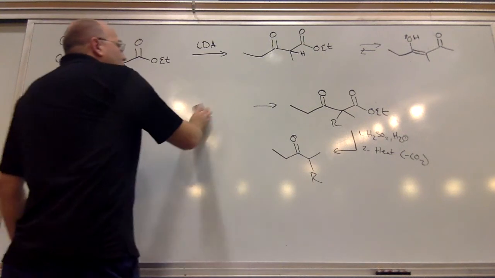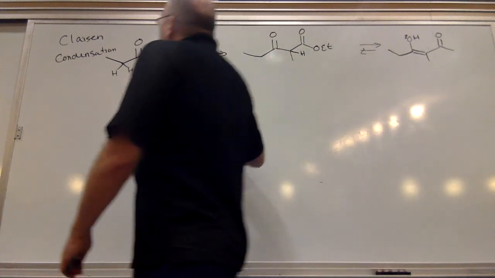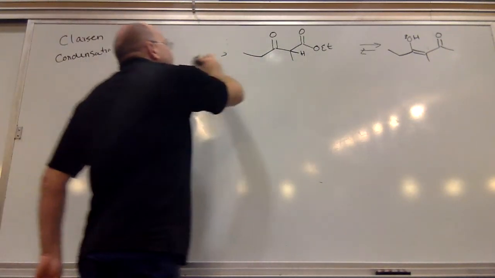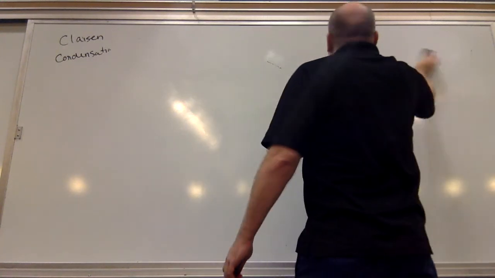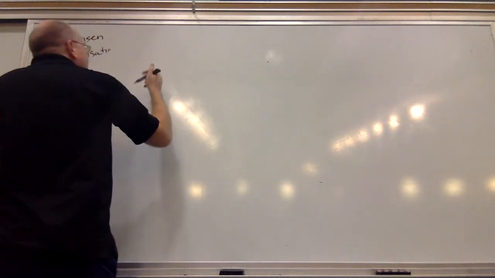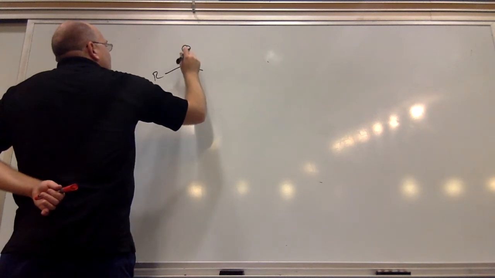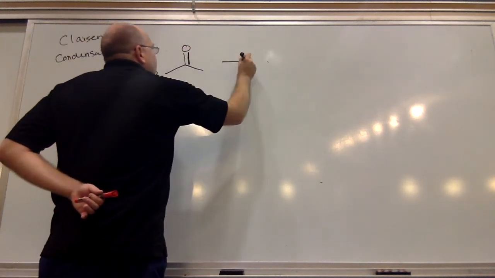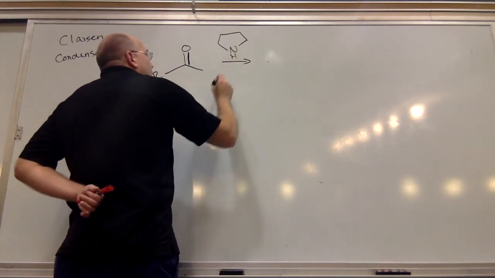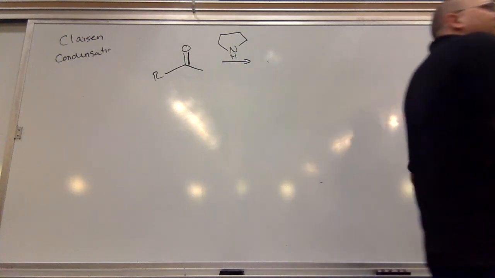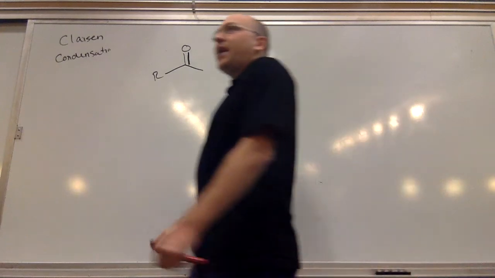So the one other class of nucleophiles that I want to discuss is imines. Okay, so if you took this cyclic amine and treated it with this ketone, what happens when these two react together?